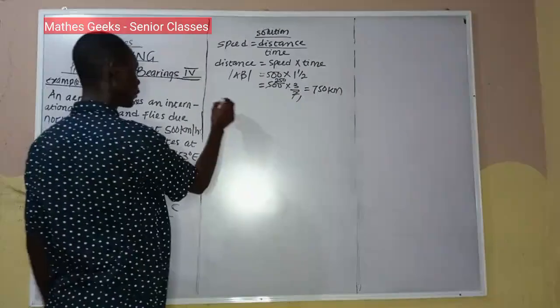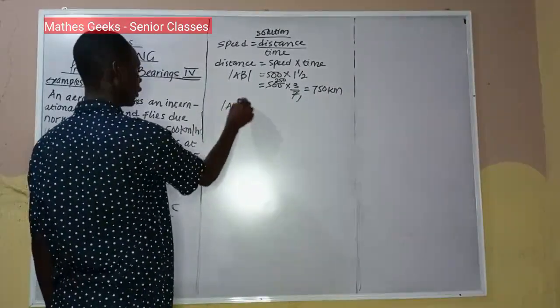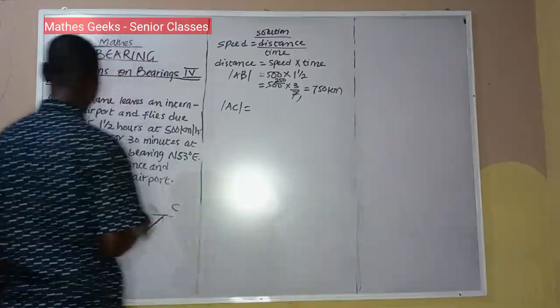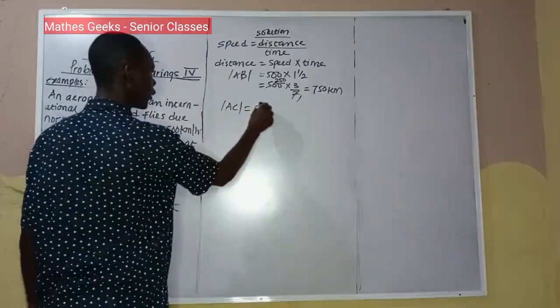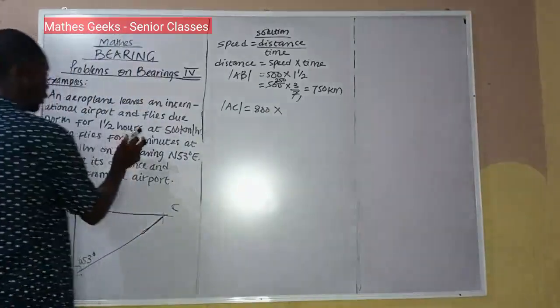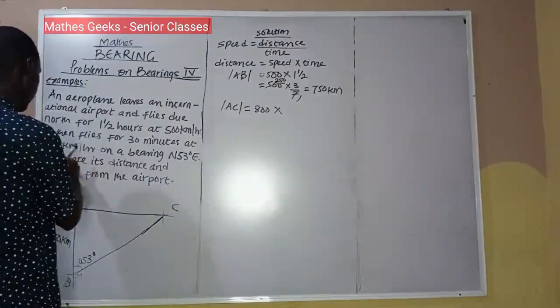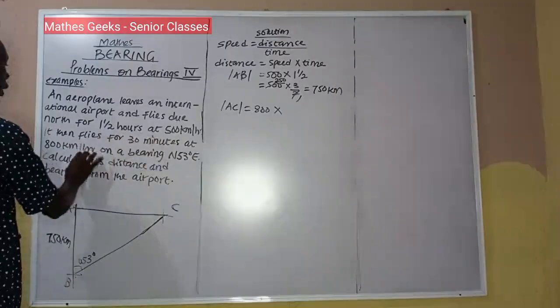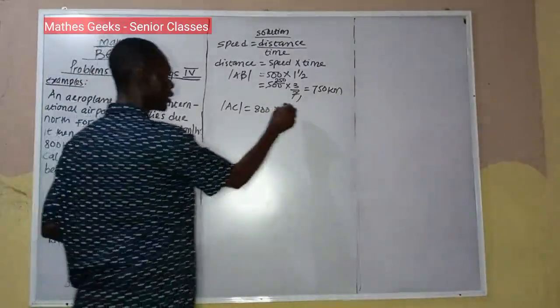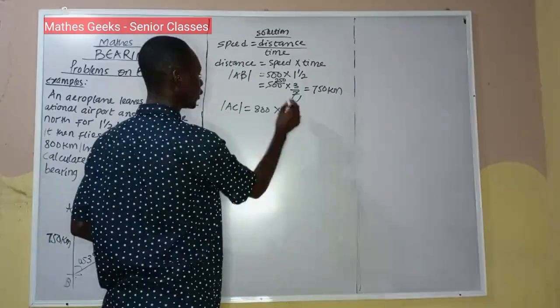And then line AC is 30 minutes at 800 kilometers per hour. So the speed is 800. And here the time is given in minutes, where the unit for speed is kilometers per hour. So we need to convert 30 minutes to hours.